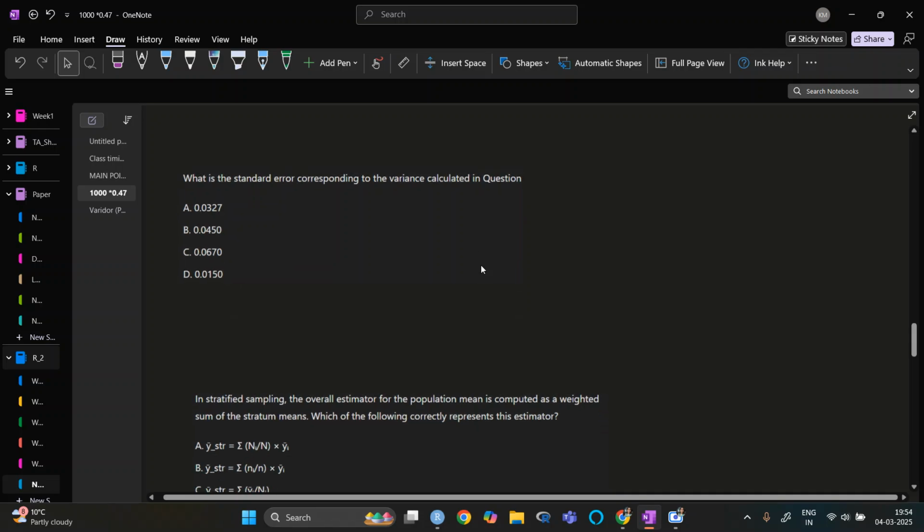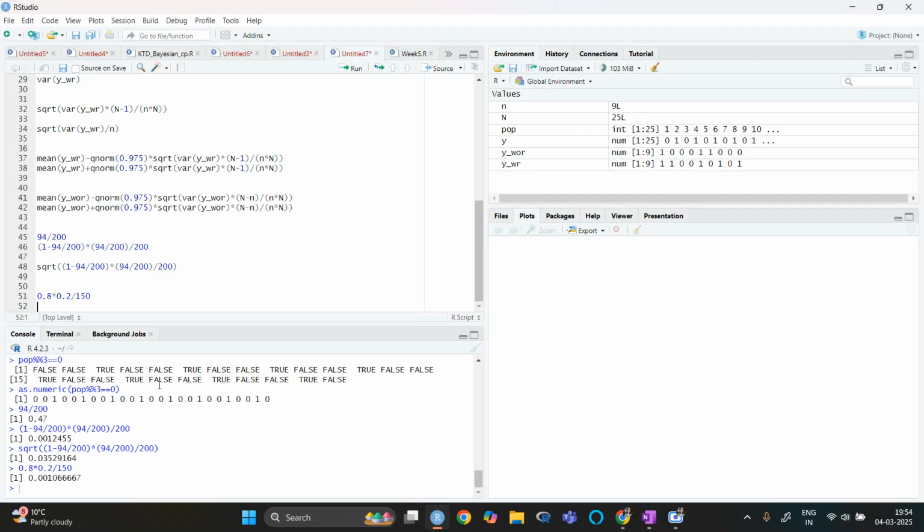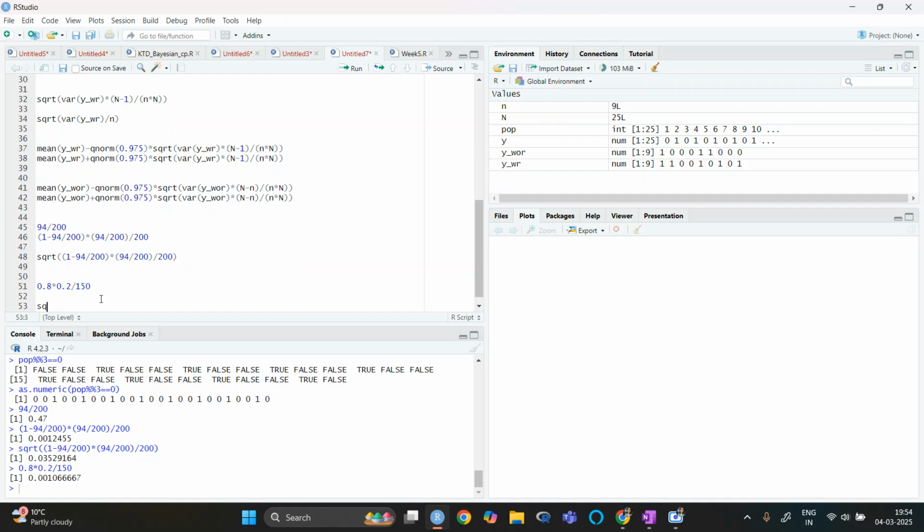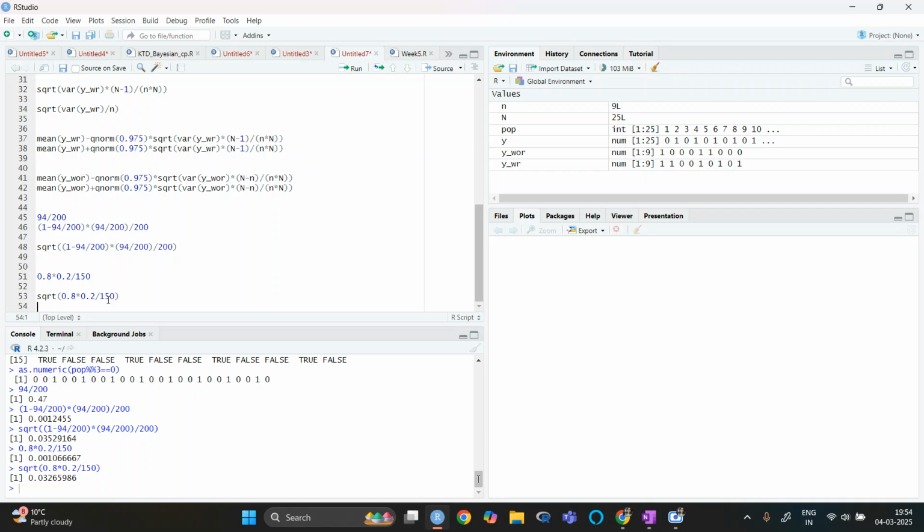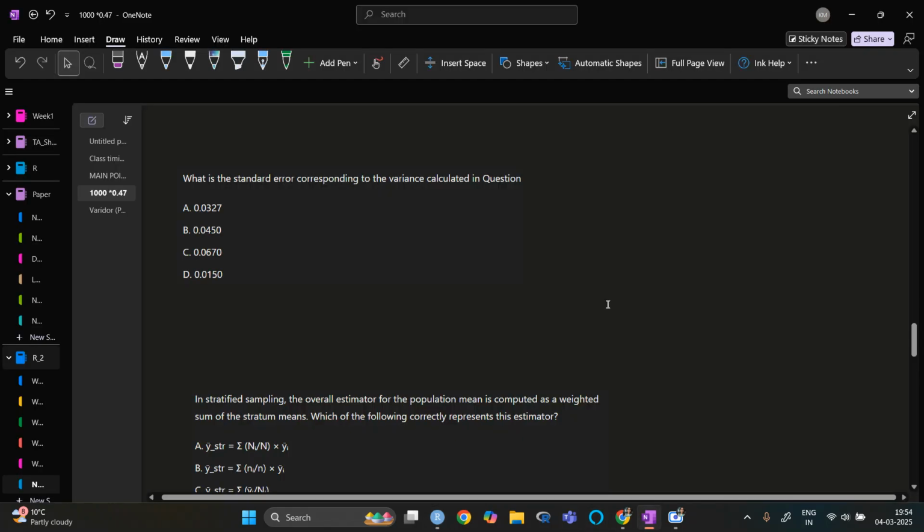Okay, so for the error in the last question, if I take the square root, 0.0327 will be the error.